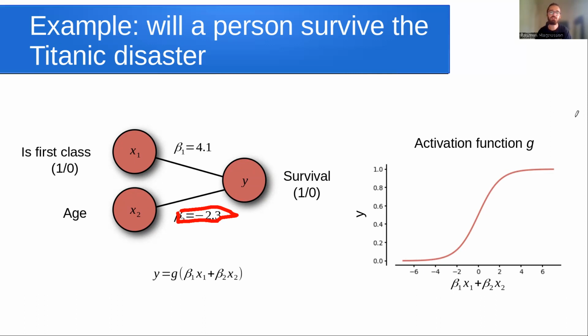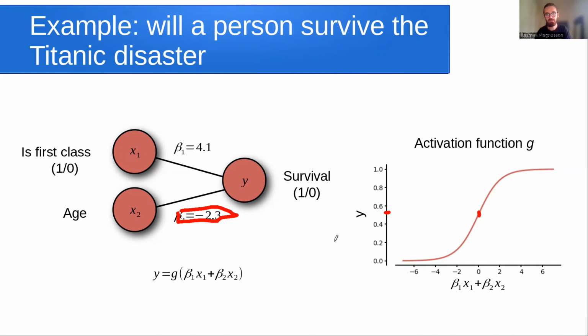You can choose when you design your neural networks to have basically any kind of activation function. But if you're trying to classify data, the sigmoid is one of the most common ones. And here you will see that if the input to G crosses 0, you pass above a prediction value of 0.5. So that would mean that we are predicting the person to be a little bit more likely to survive or not.